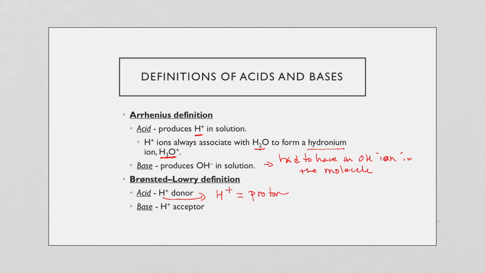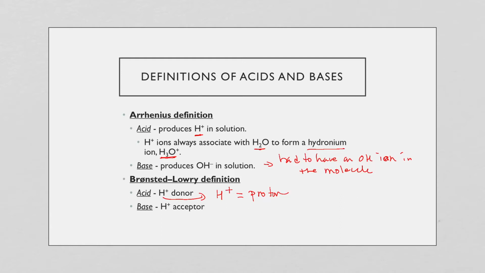An H+ ion is essentially a nucleus with one proton in it because the electron has been lost. So you'll hear this language, and I will use it, books will use it, will refer to a hydrogen ion as a proton. So you might see these definitions defined as an acid being a proton donor and a base defined as a proton acceptor.